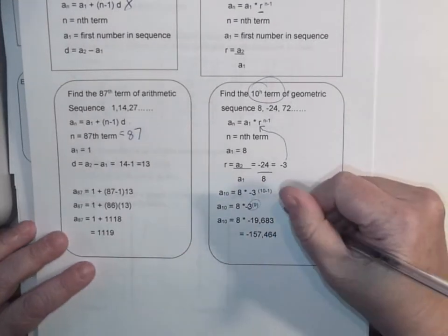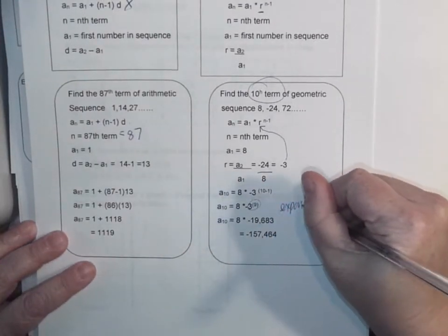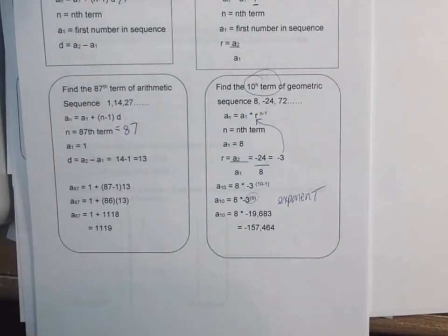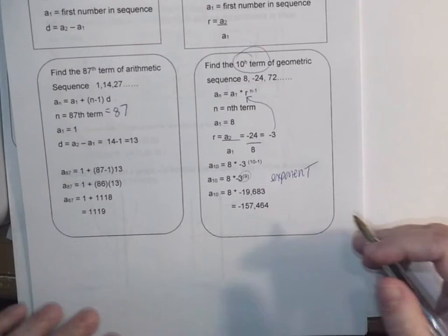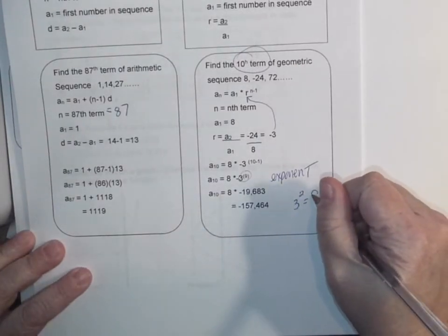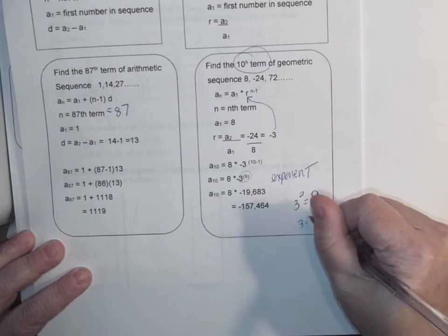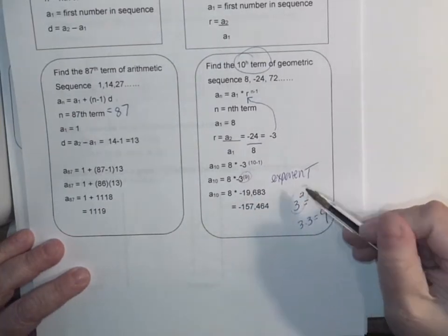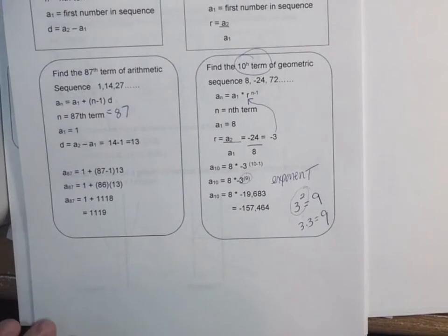So make sure you can do an exponent in your calculator, which we practiced. Sometimes you feel like, I don't know if I really knew how to do an exponent. If you know 3 squared is 9, because it's 3 times 3, then put this into your calculator to see if you get a value of 9.